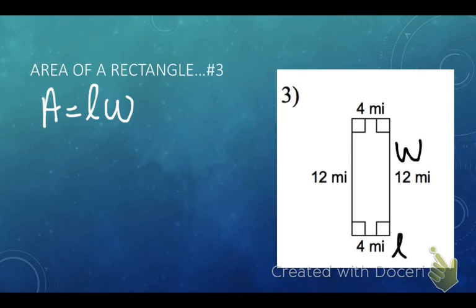Now is a good time to point out that for a rectangle or a square, wherever you label the length or the width, as long as they are opposite sides, it doesn't make a difference, okay? But I like to think that the length is the bottom and the width is the sides, just so that I keep it consistent. All right, I want you to plug your numbers into the formula now.